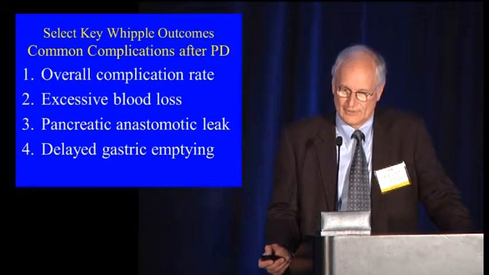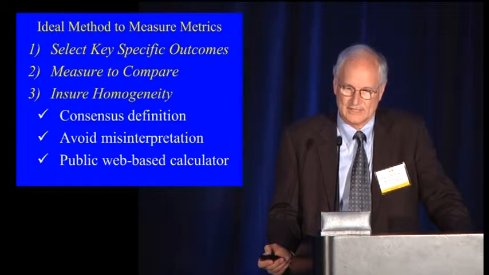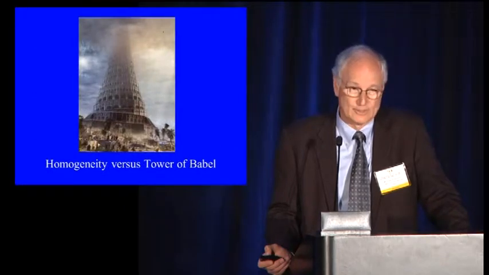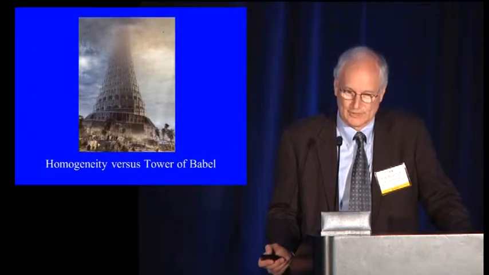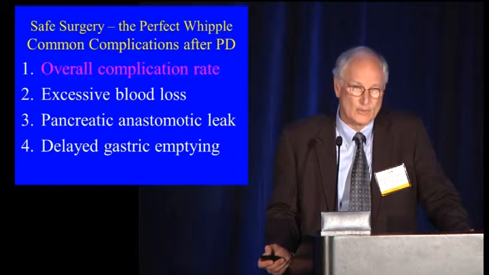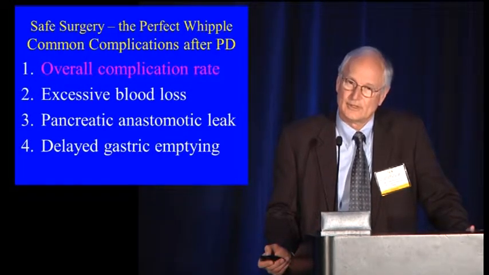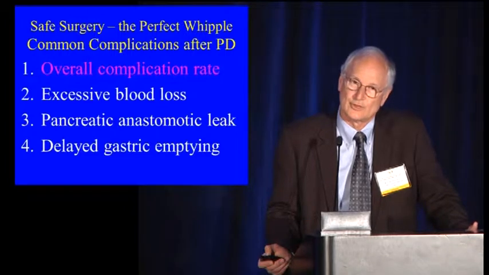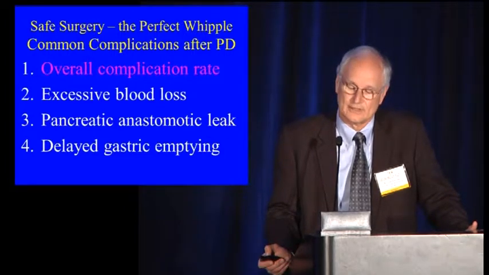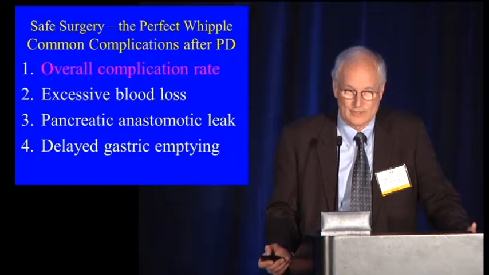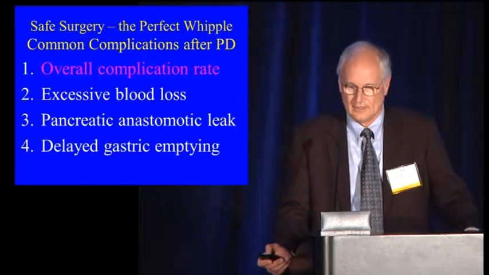So let's talk about these specific key outcomes. We've got to have homogeneity to avoid this Tower of Babel of multiple definitions. And right now, how is the best way to measure overall complications? Well, I believe Steve Strasberg, through the various modifications of the Clavien classification that you all know, has helped us with a number of publications in the last 3 years to update.